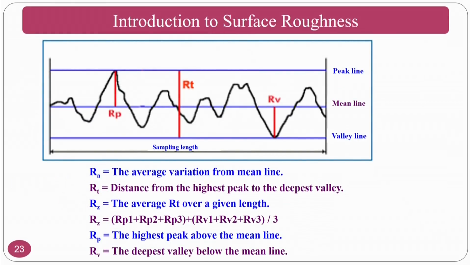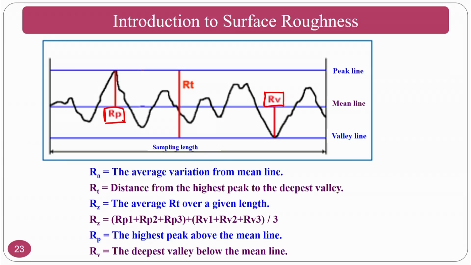The other parameters normally, if you see, are RP, that is mean line to the maximum peak, and RV, mean line to the minimum value. Those are the two things. RT is nothing but the maximum peak to minimum value, that is RP plus RV.